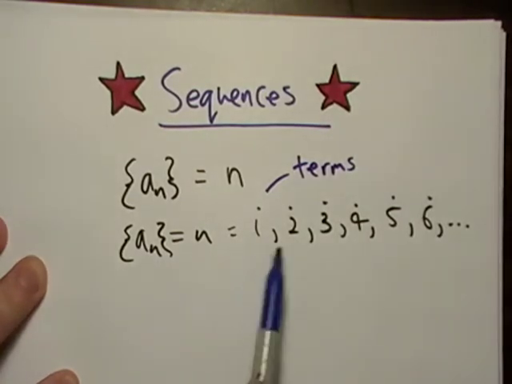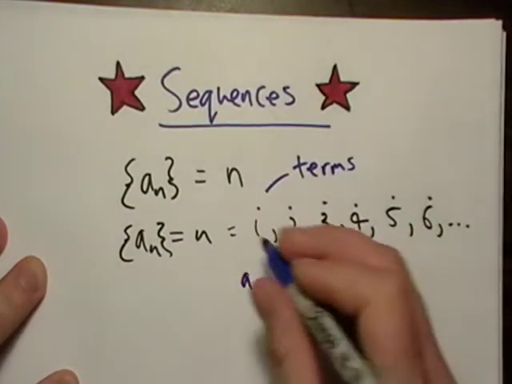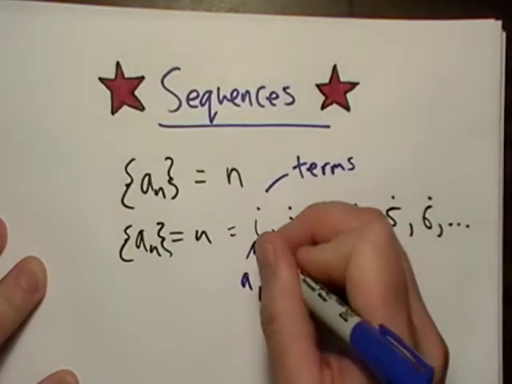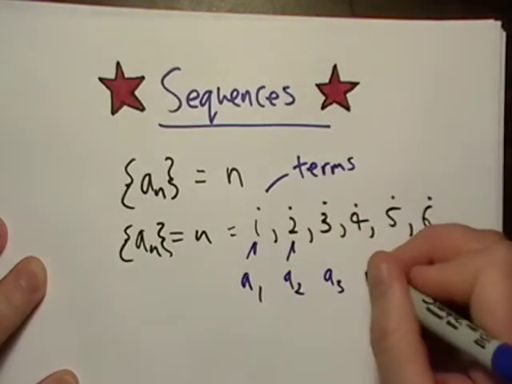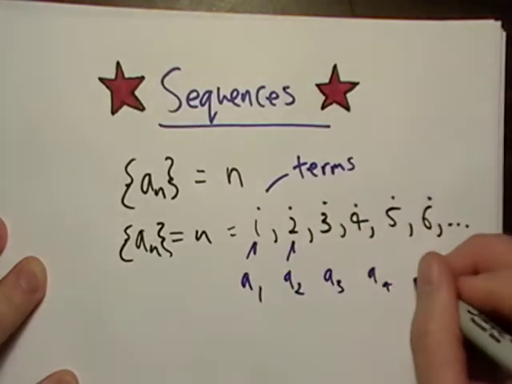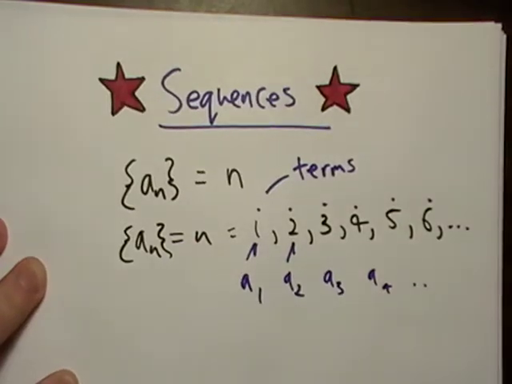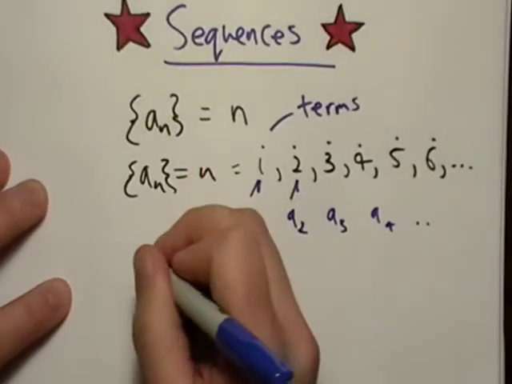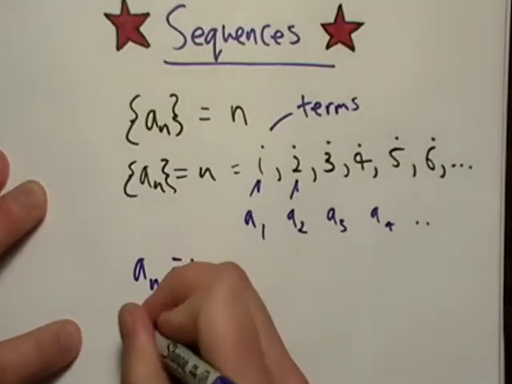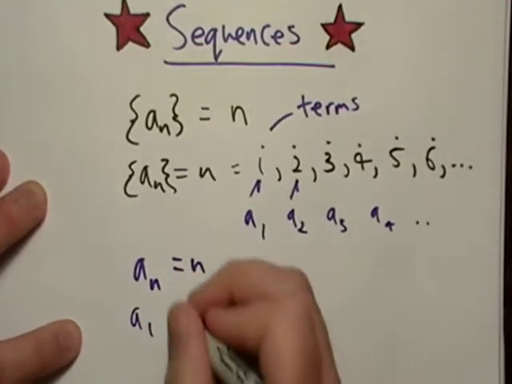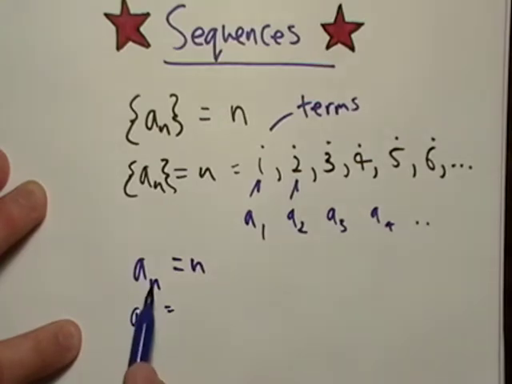Every single term has a designation: a sub 1, a sub 2, a sub 3, a sub 4, and so on. So when you see a sub n equals n, the first thing we want to do is look at a sub 1.